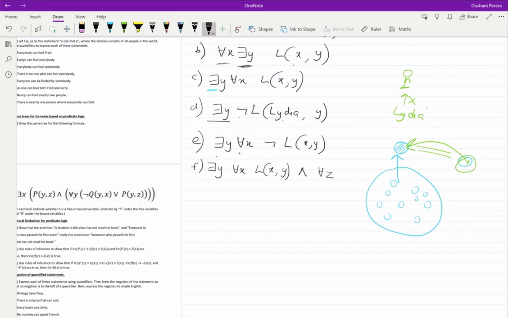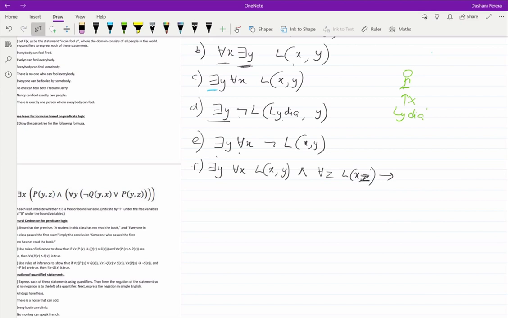So if by any chance there's a Z where X loves Z, then you have to say that Z is equal to Y. According to the diagram that we drew, that's what we are going to do. If X loves Z, that means that Z is equal to Y. There cannot be a second person. I hope this is clear to you.